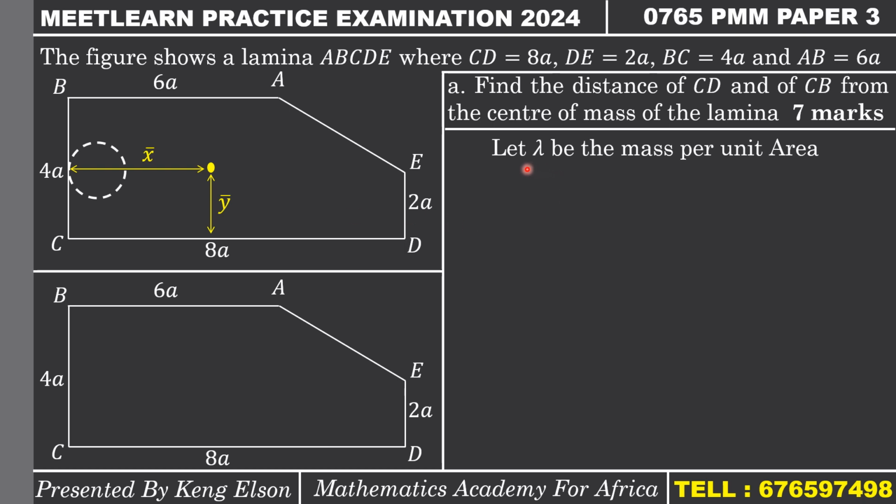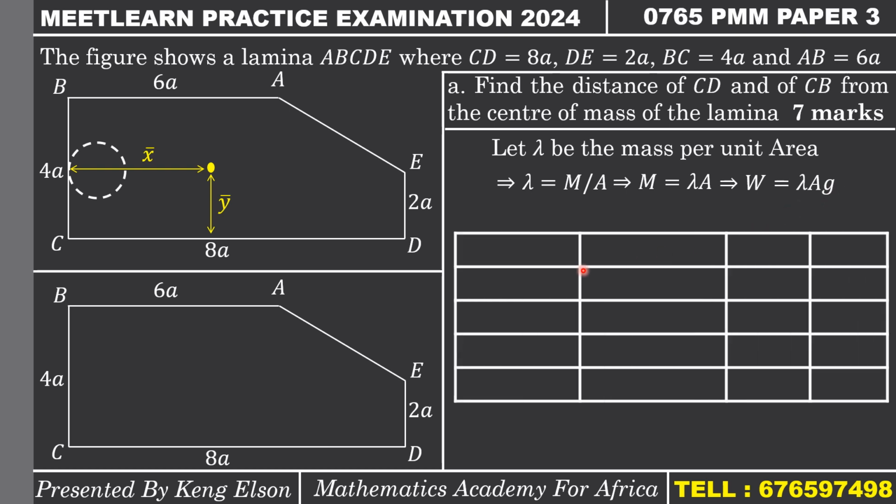We let lambda be the mass per unit area of any portion of the lamina we consider, which means that lambda is the mass over the area of any portion. So the mass is lambda times the area. Since the weight is mg, we replace m with lambda a, and we get the weight to be lambda a times g. So the weight of every portion we consider in the lamina will be the mass per unit area lambda times its area, then times g.